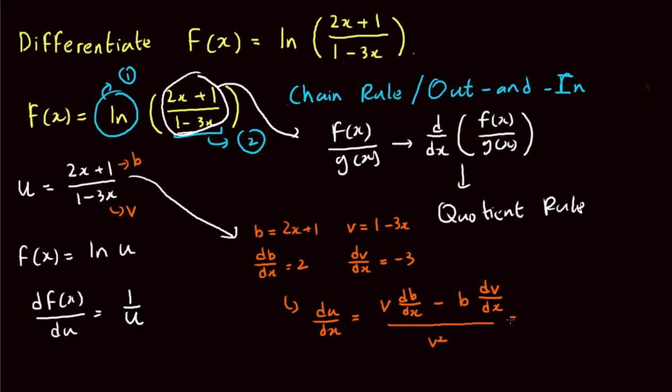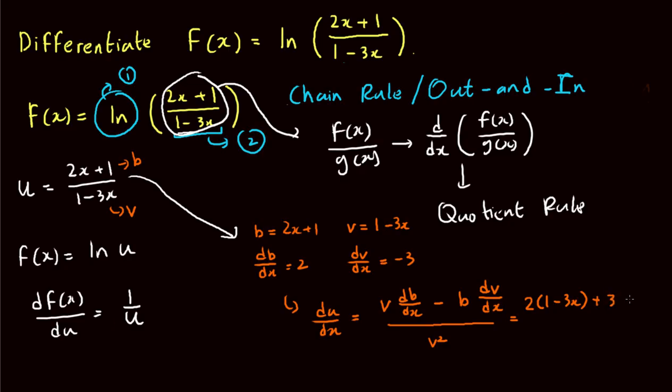So as you solve it, v is 1 - 3x, db/dx is 2, so it's just 2 times (1 - 3x), minus b, which in this case is 2x + 1, times dv/dx which is negative 3, so negative negative becomes positive.